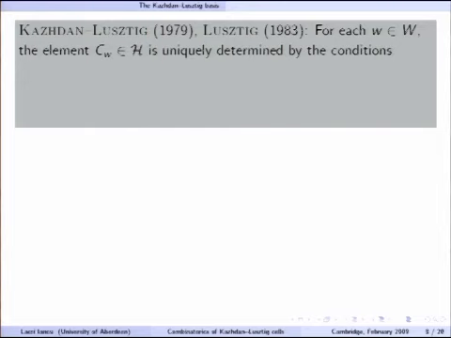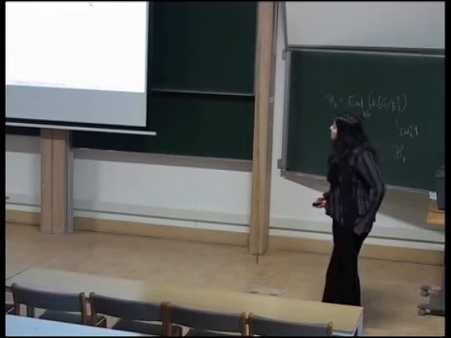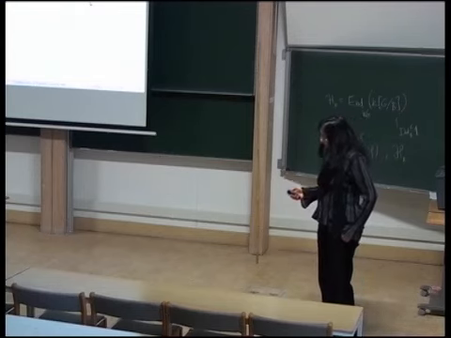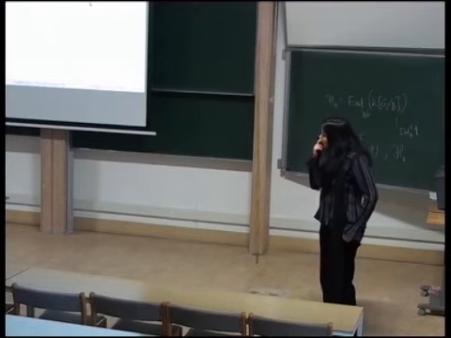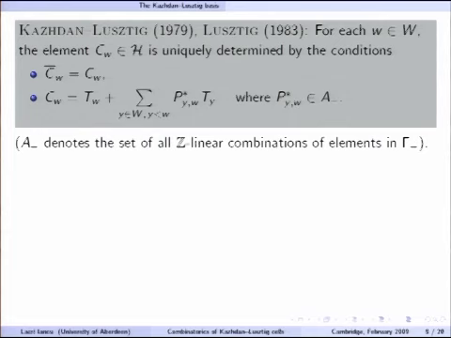They showed that one can find a basis of H. So for each w, we define C_w by asking that those C_w are invariant under the bar involution, and by asking that when expressed in the standard basis, C_w is T_w, where T_w occurs with coefficient 1, plus a combination of lower terms.